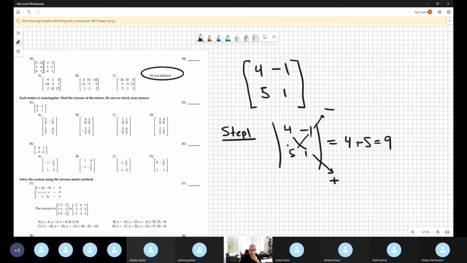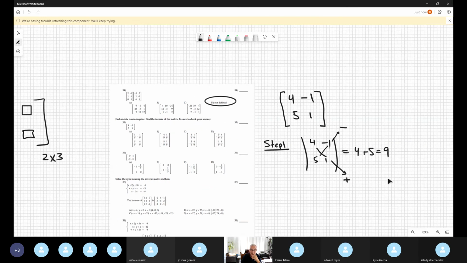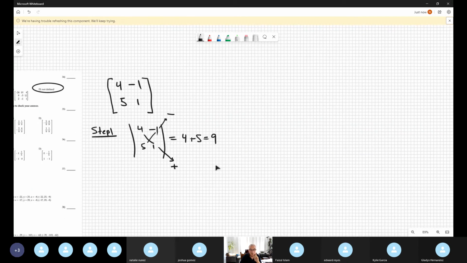So the formula, let me copy the formula for the inverse. Suppose that we have one matrix like that, A matrix is equal to A, B, C, D. You compute first the determinant, and you divide 1 over the determinant, which is A times D minus B times C. In our example it was 9.